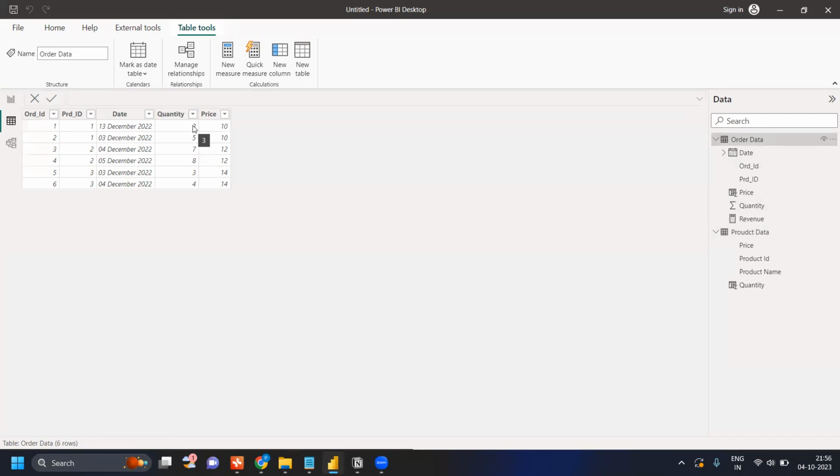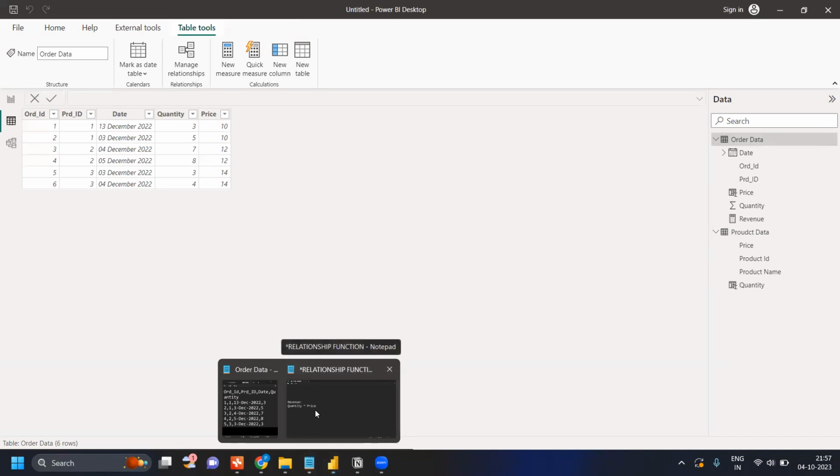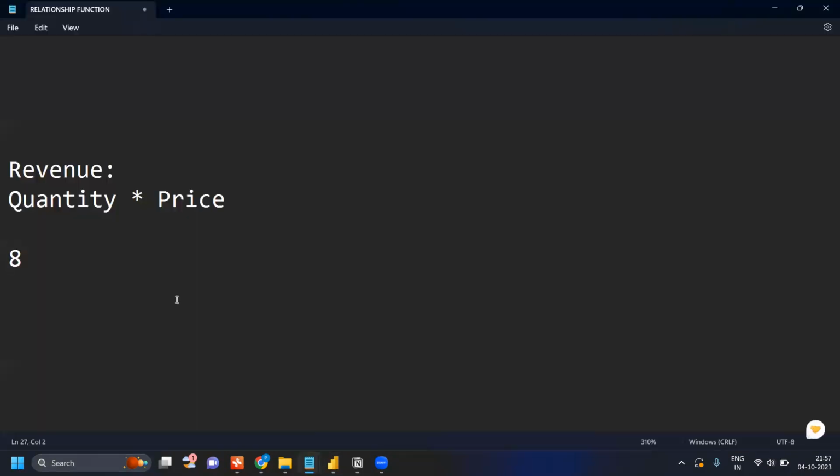So 8 into 10, 80 rupees. So the quantity is 8, and each one is 10 rupees. So our expectation is 80 rupees for the product.